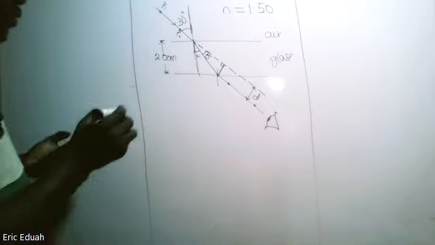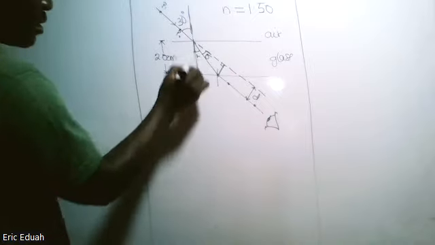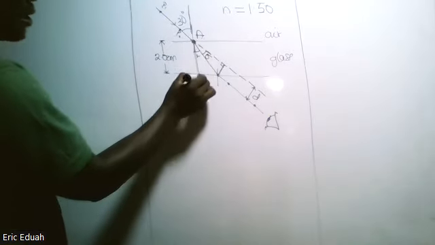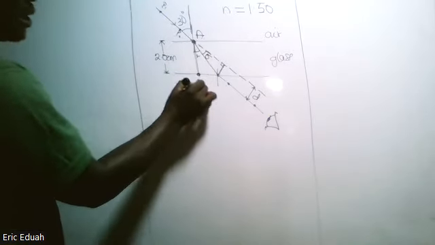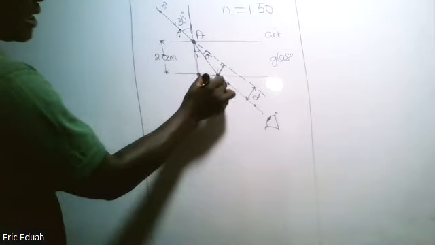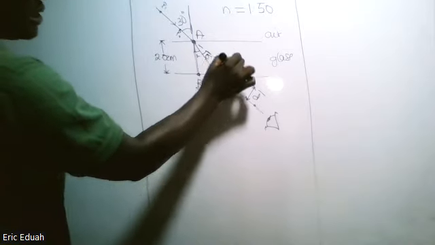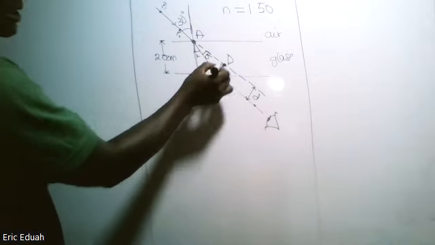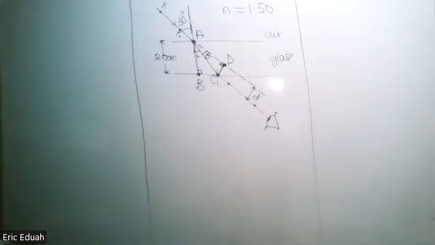But you see, from what we were doing last time, if this point is labeled A, this is B, this is C, this is D, this side is perpendicular to this, and this side is also perpendicular.